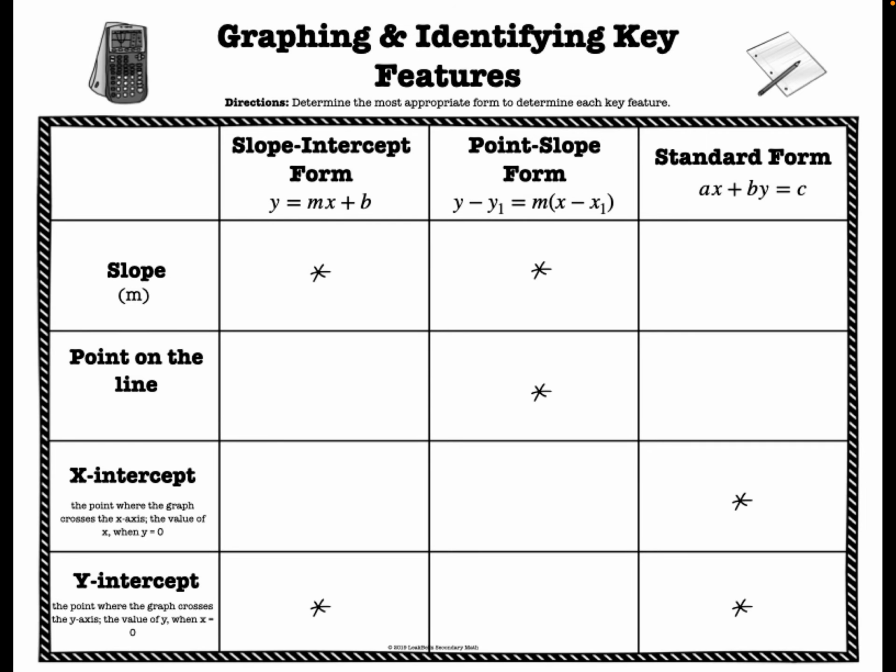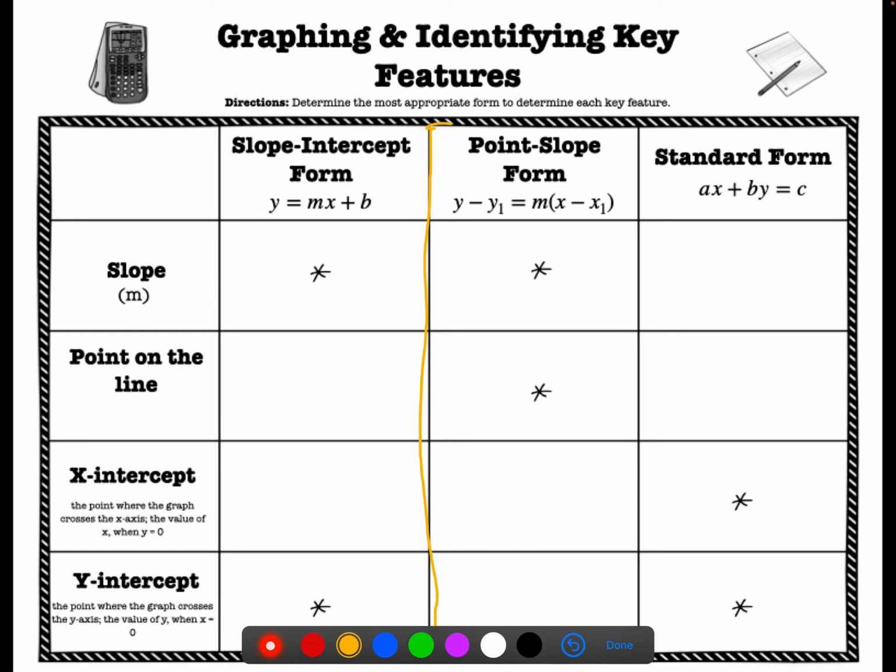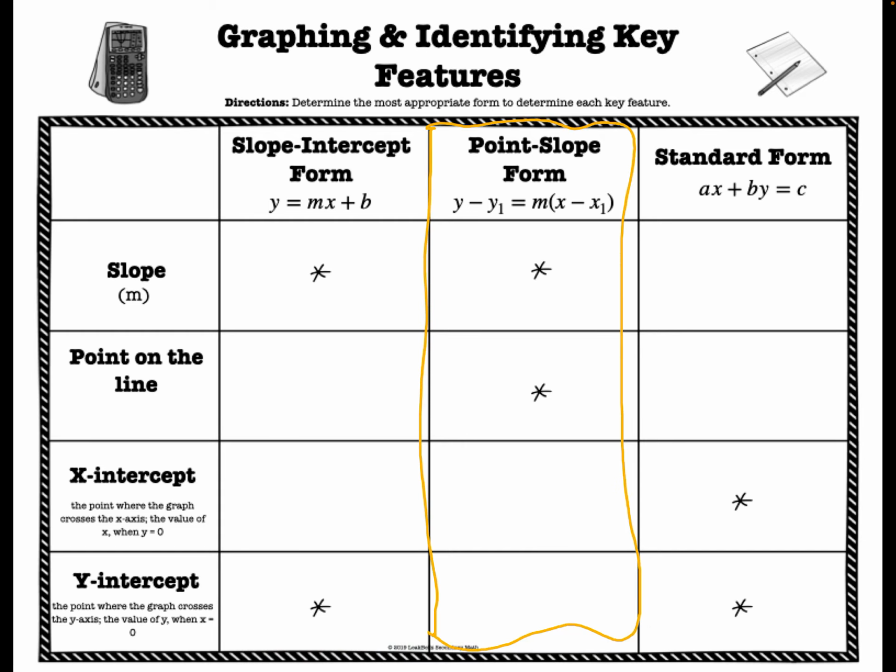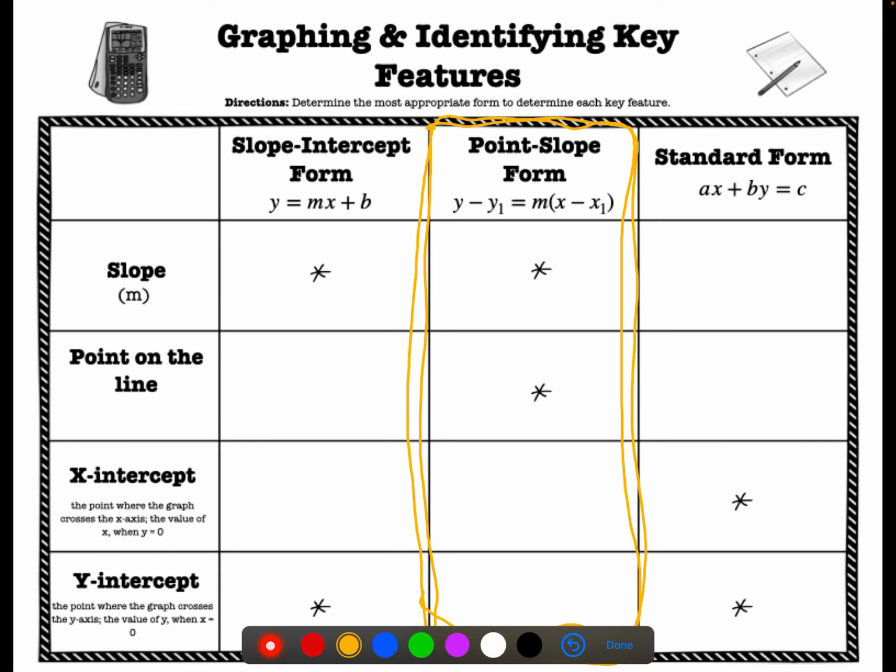Okay, today we're going to go into the column where we talk about point slope form. Note that point slope form is y minus y1 equals m times x minus x1.